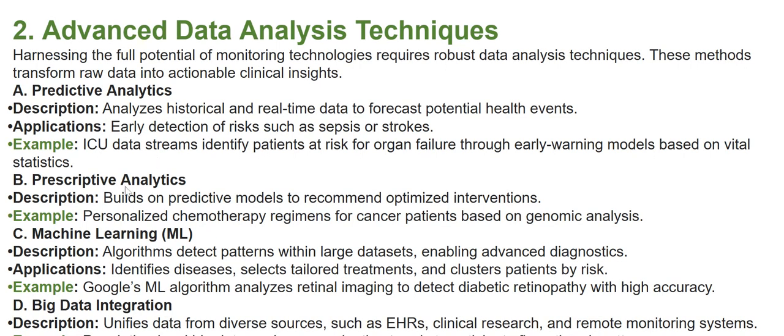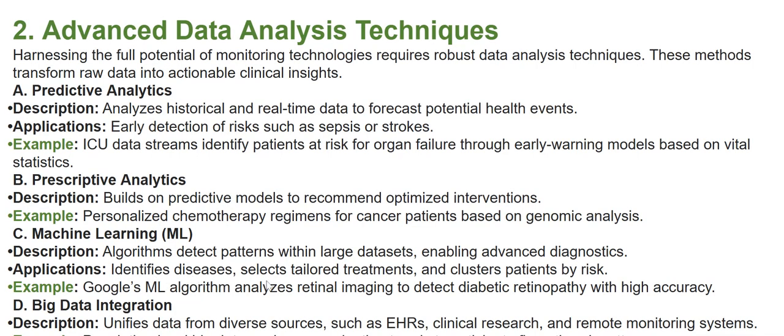Prescriptive analytics. Description: builds on predictive models to recommend optimized interventions, for example, personalized chemotherapy regimens for cancer patients based on genomic analysis. Machine learning (ML). Description: algorithms detect patterns within large data sets, enabling advanced diagnostics.